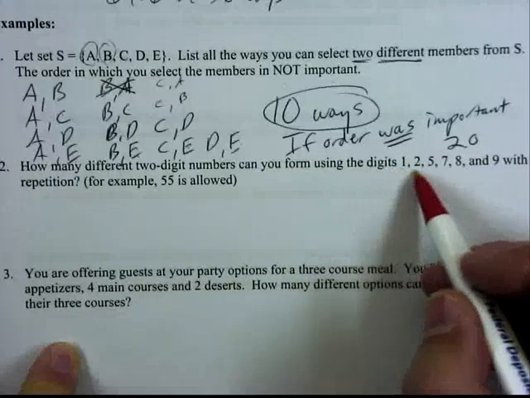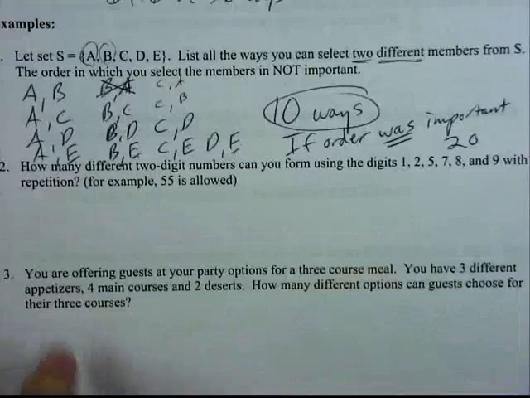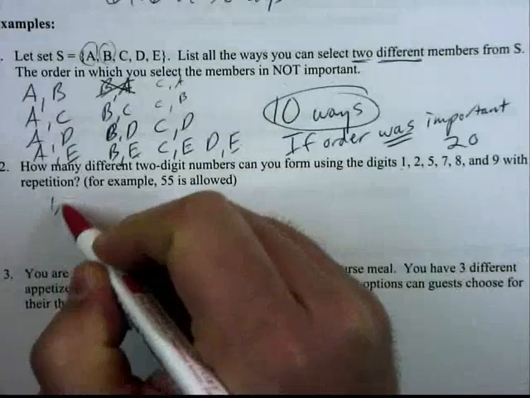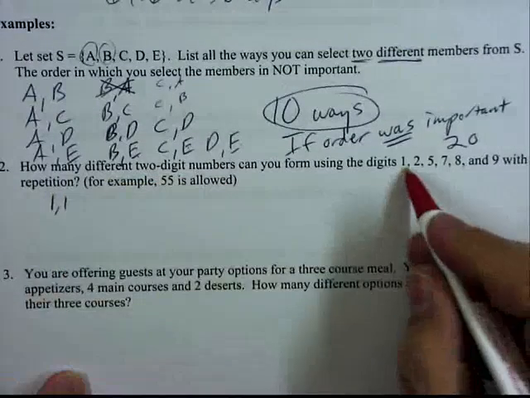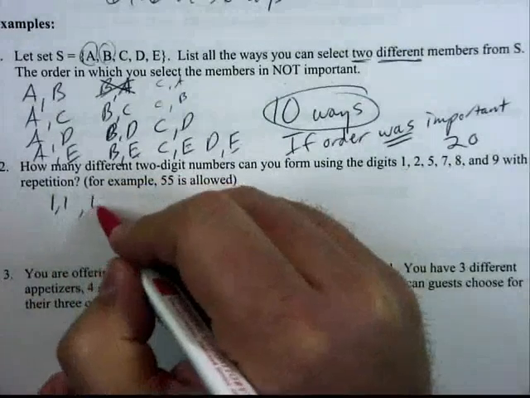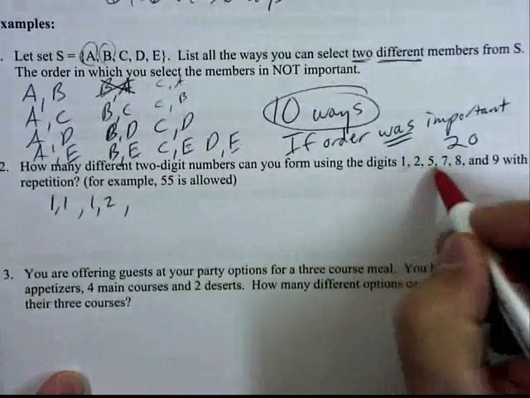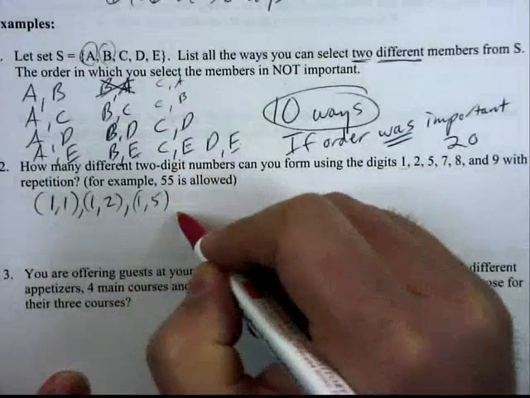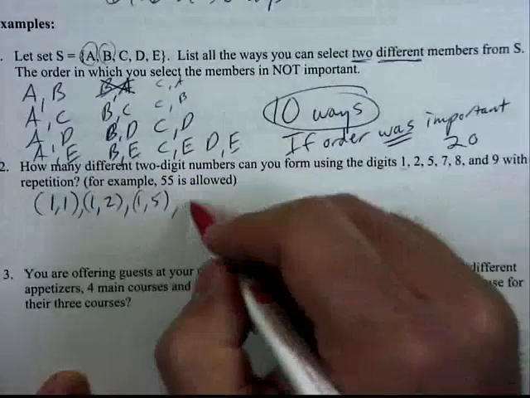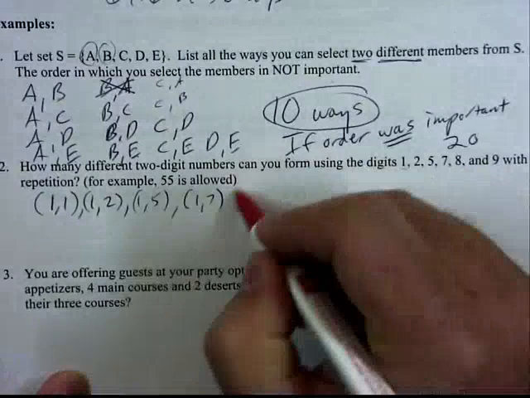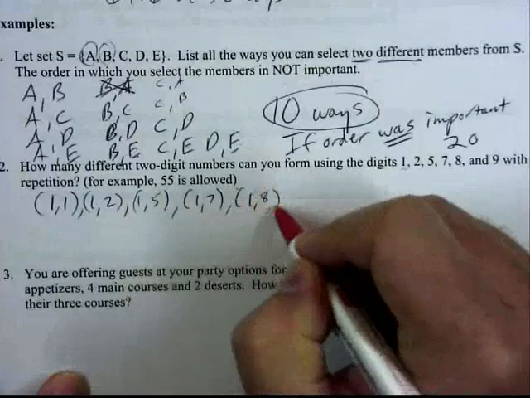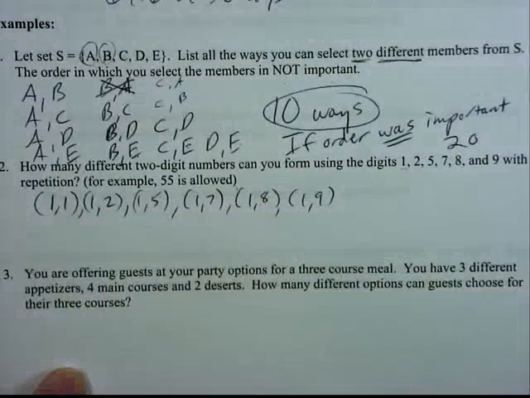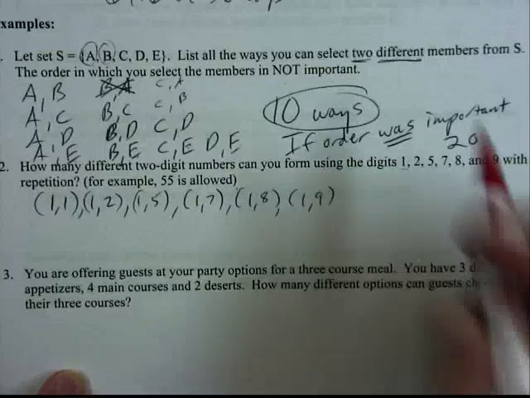But down here you can put a 1 and a 1 together, a 2 and a 2, etc. So if we do that, we could have 1 going with 1, or 1 going with 2, or 1 with 5, or 1 with 7, or 1 with 8, or 1 with 9. So we've got 1, 2, 3, 4, 5, 6 different ways that that can happen.